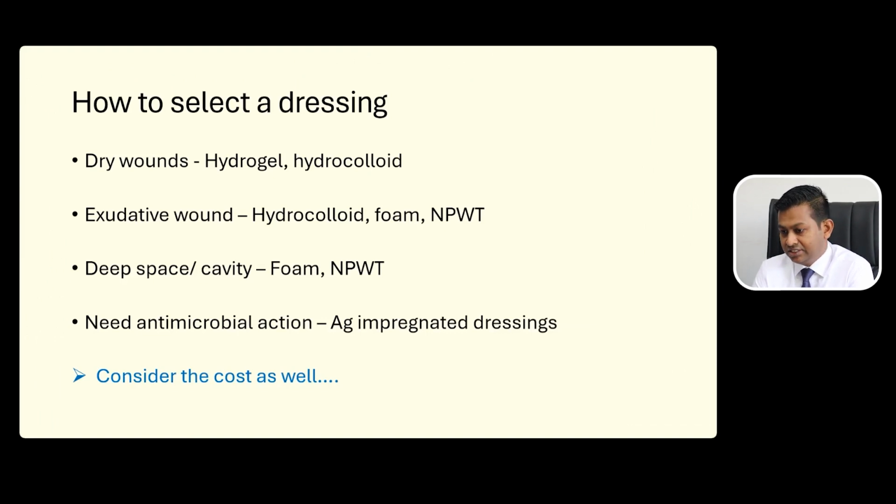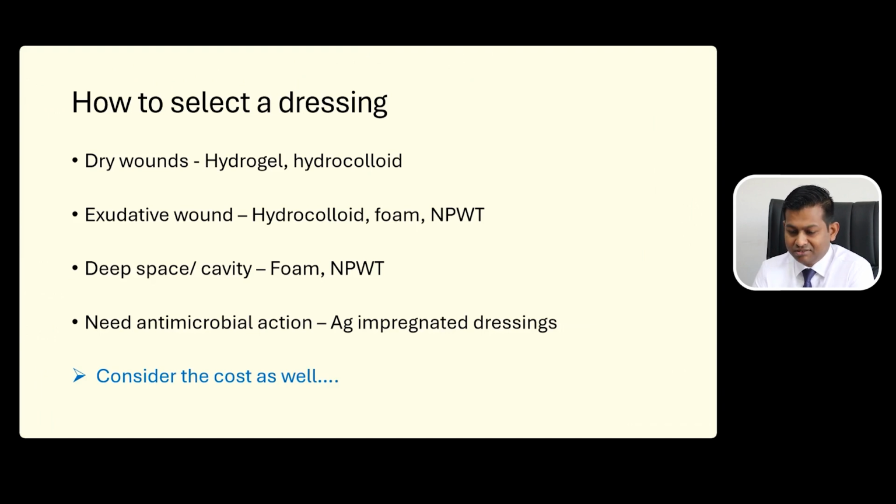That's one of the key things we have to focus on, and control the infection. So if it's dry, hydrogels, hydrocolloids, we need to make it wet. If it's exudating, if it's pouring out fluids, hydrocolloids, foams are going to absorb it, or else maybe even a negative pressure, a vac, which is commonly known as.